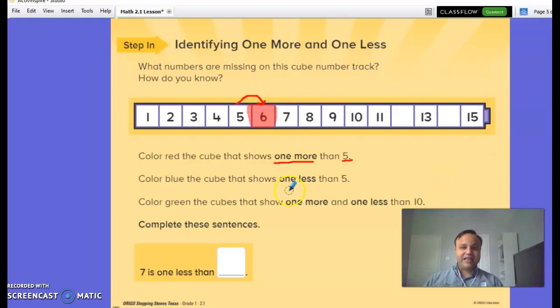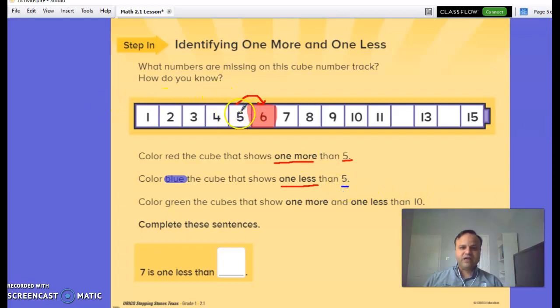Now, they tell me to color blue the cube that shows one less. So I'm going to get my blue and I'm going to put my blue over here so I know what is my blue. And they say that it is one less. So one less means that I have to go to my 5 again. So this is my number 5.